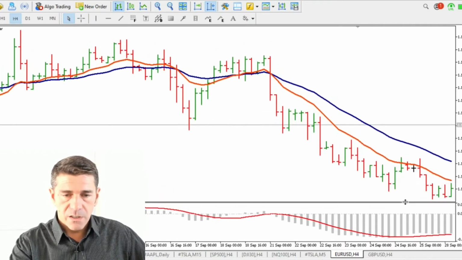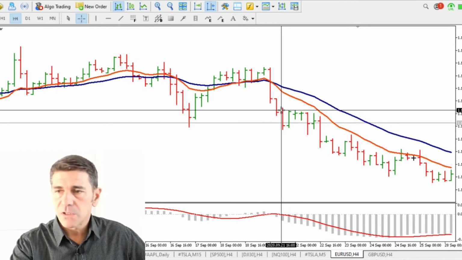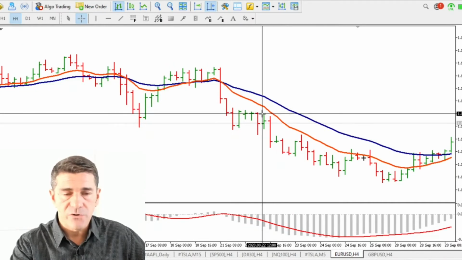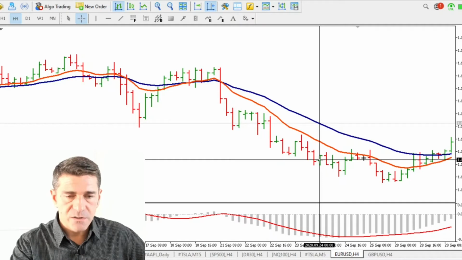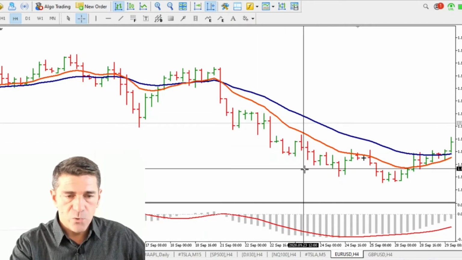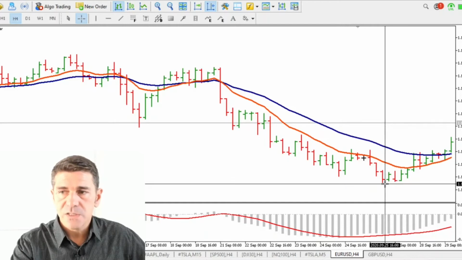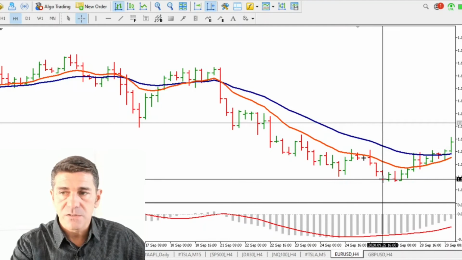We know that according to the classical technical analysis Dow theory, we follow the price chart in this way. Until we have lower lows in the price chart, we are saying that we have a downtrend, and this downtrend is strong.